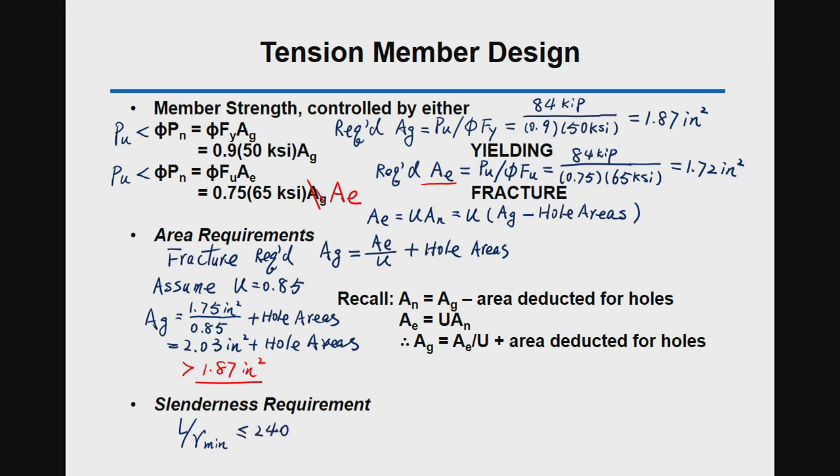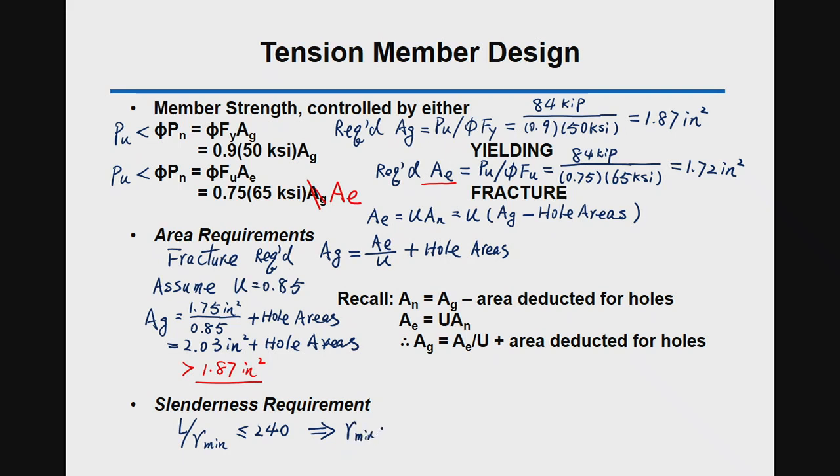Once we select the member shape, we should be able to determine the value of r min. We take L as the total length, since there are no spacers in between.